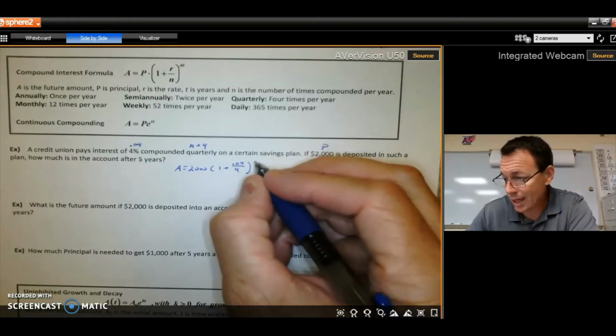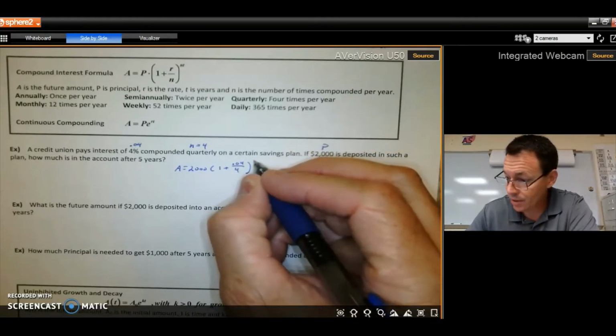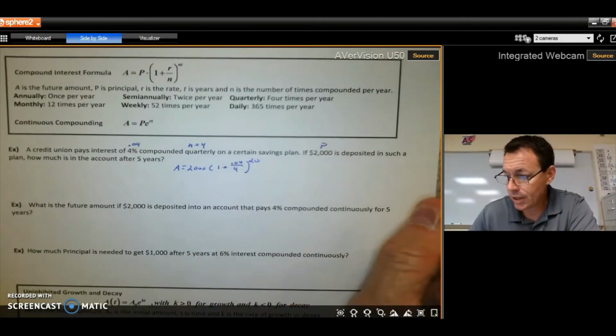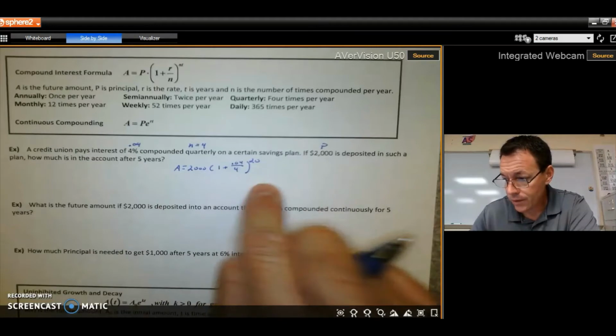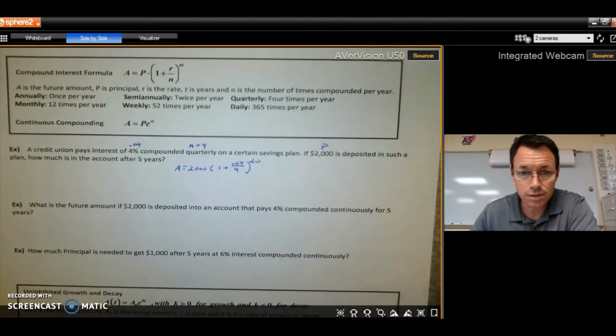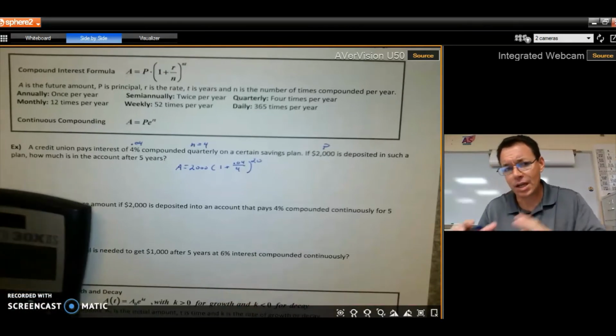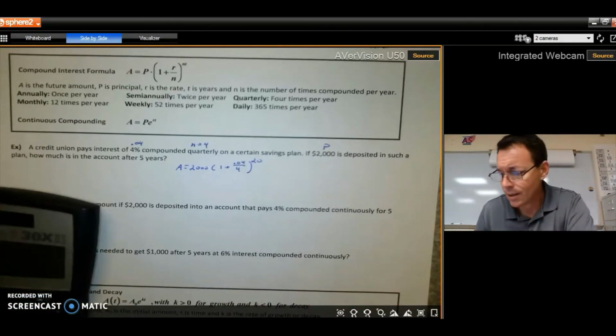You can write 4 times 5. For this one, I would probably just do the 4 times 5 in your head and put 20 there, and that's going to make it easier to plug into your calculator. Now, all of this can be plugged into your calculator at once. Some of you may be a little apprehensive about doing that. You have to be careful with your parentheses and things like that.